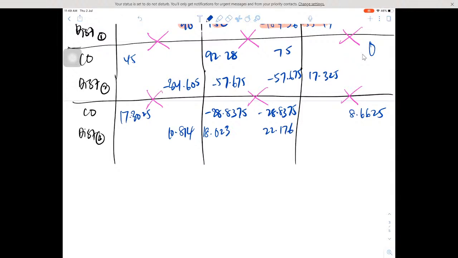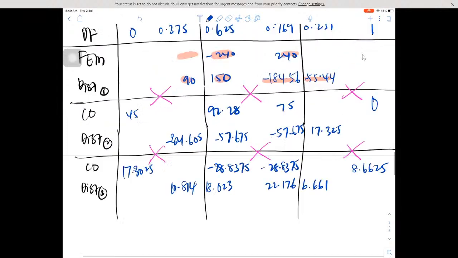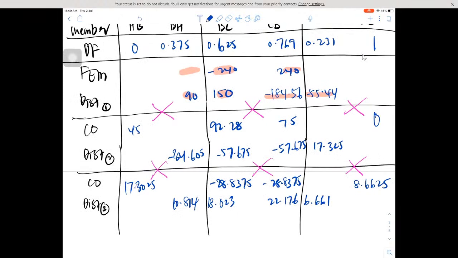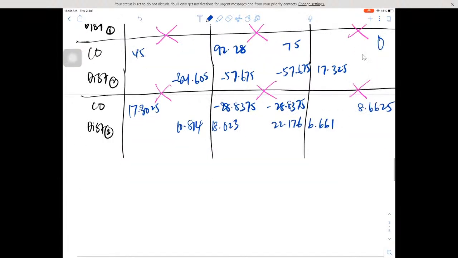It is 6.661. 28.8375 times 0.231 is 6.661.